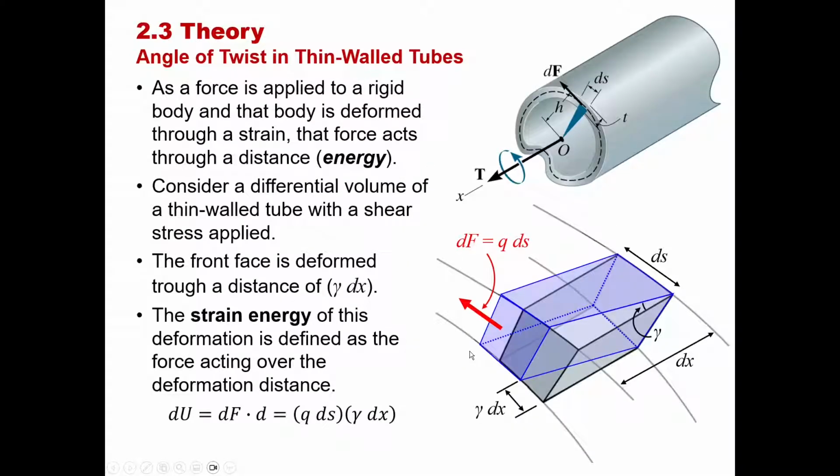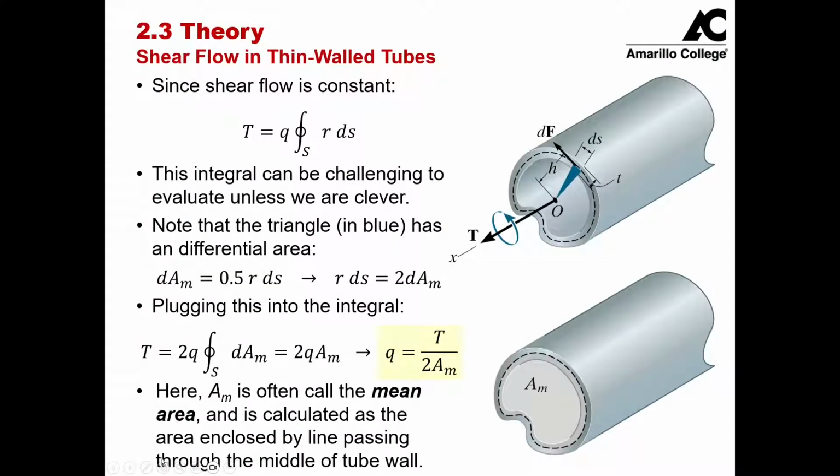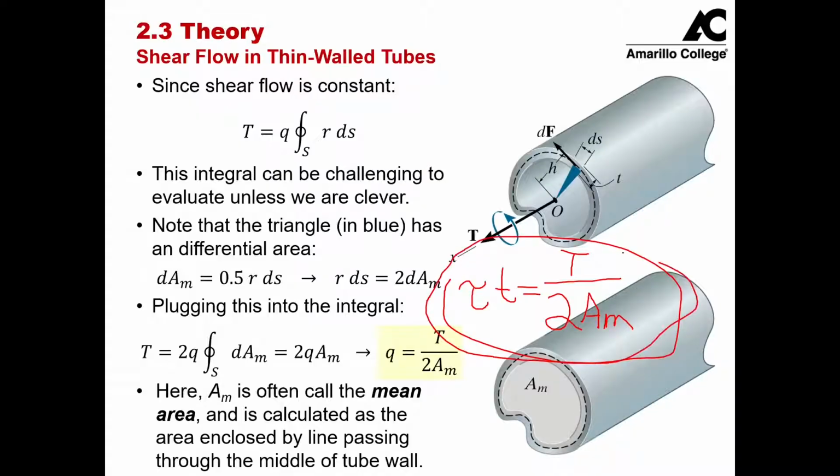So if we combine these equations, which I didn't draw here, the most important equation is that our Q, our shear flow, is defined to be the shear stress times the wall thickness t, which is equal to the externally applied torque over 2 times our mean area. Okay, this right here is going to be a big takeaway for how we solve for shear stress in a thin walled tube.